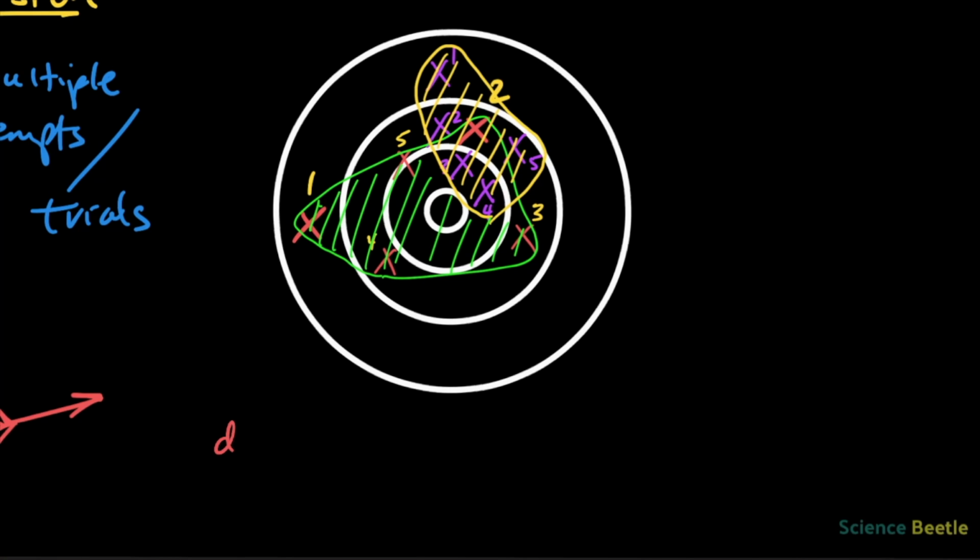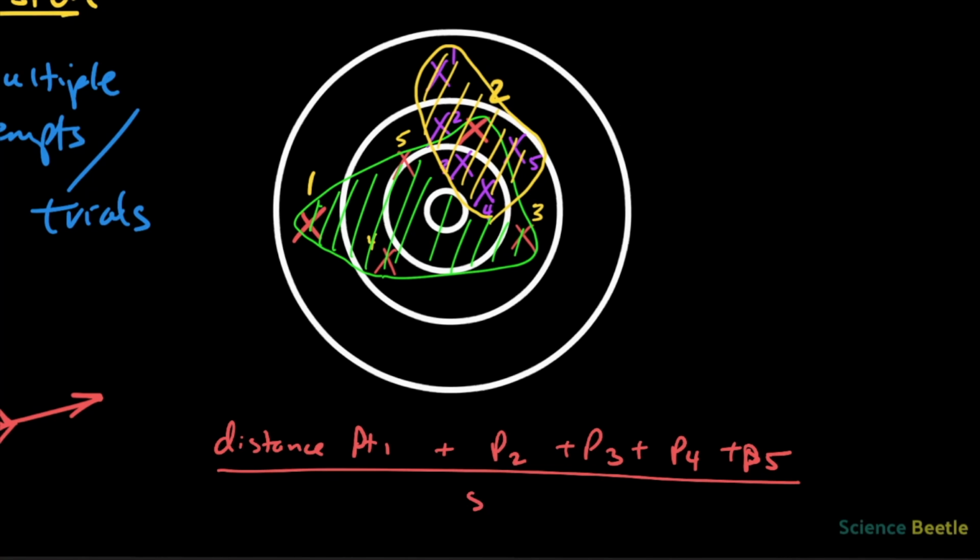So if I took the distance of the point, let's say just called here point 1, to the center, and then I took the same thing for point 2, and the same thing for point 3, and the same thing for point 4 and point 5, and I took that amount and then divided it by 5, that's actually going to give me the average distance. We represent that average with an X with a bar over it. And we can call this the average for the red.